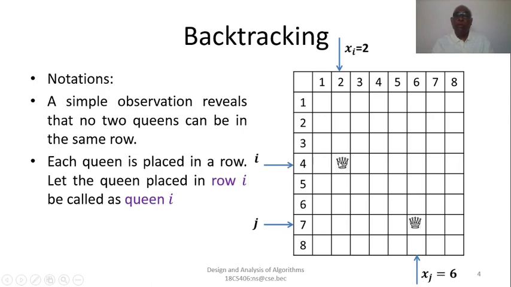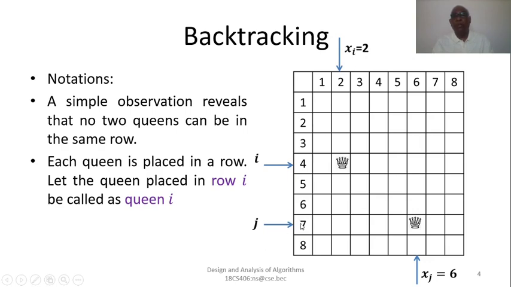Now the column in which this queen is placed is 2, and hence xi, that is x4, is equal to 2. x4 equal to 2 means the fourth queen, which is placed in the fourth row, is in the second column of the fourth row.